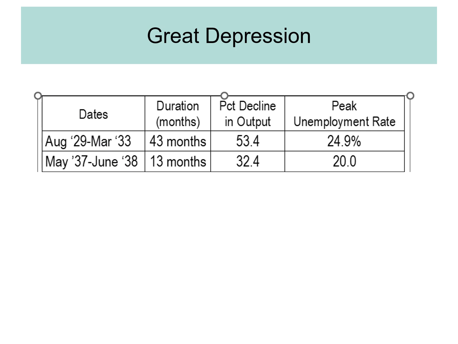After a brief respite, there was a second phase of economic downturn from May of 1937 through June of 1938, lasting over a year, 13 months, with a further 32.4% decline in GDP and unemployment again spiking to 20%. The general consequence of the Great Depression was a reconsideration of government involvement in the economy.